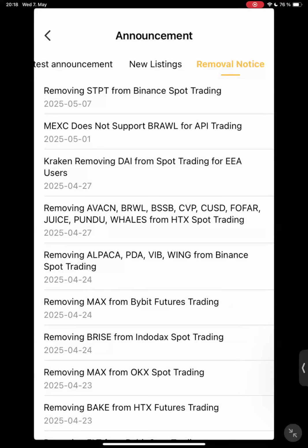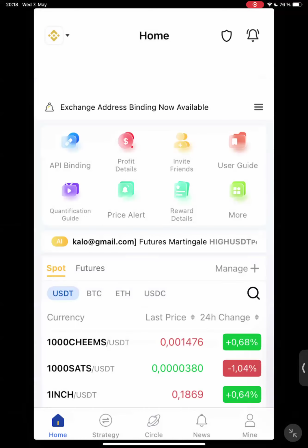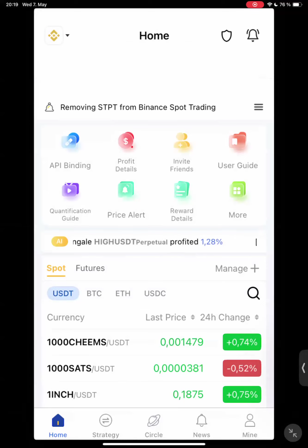Not all coins that you just see, oh, this coin can give me more profit, so let me chase it. No, you chase it and remain stuck on it, because the next moment you hear that it's being delisted. So you just have to be careful and know which coins to go in for when you are trading.